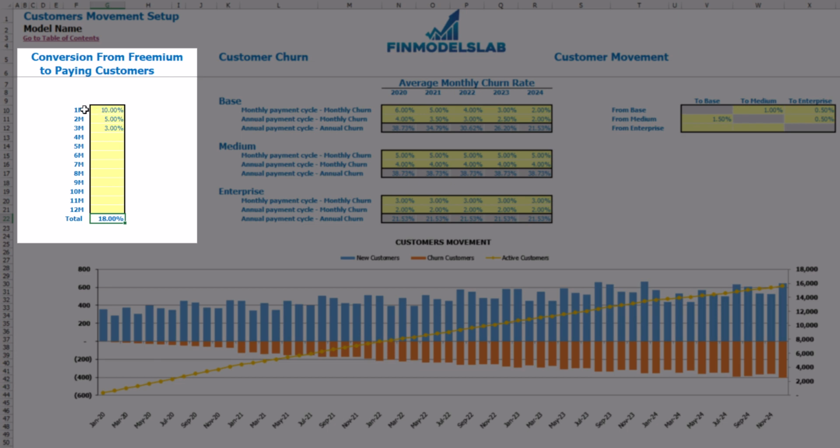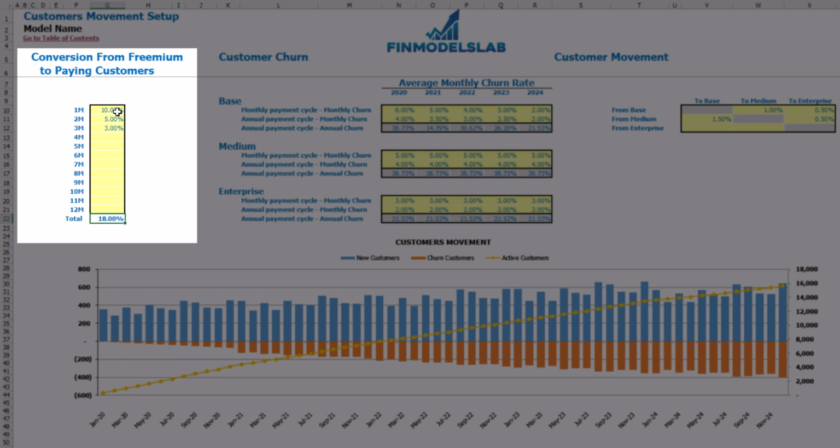So this works on a cohort basis, meaning that if in February you have 200, in February you will convert 10%, which is 20 customers, another 5%, which is 10 customers, will be converted in March, and in April another 3% will be converted, which is 6 customers. So in total, from each cohort, 18% of freemium customers will be converted to paying customers.